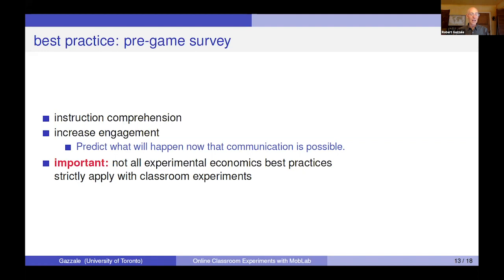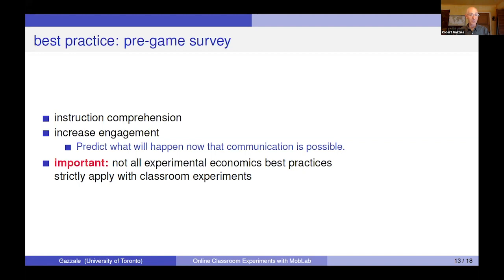In an experiment which I'm doing for my research, I try not to lead my students to a particular outcome. I'm going to be a little less vigilant about that in a classroom experiment. Yes, by asking students what they predict will happen, in some ways I am leading them to an outcome, but I'm comfortable with that in a classroom experiment in a way that I wouldn't be for a research experiment.